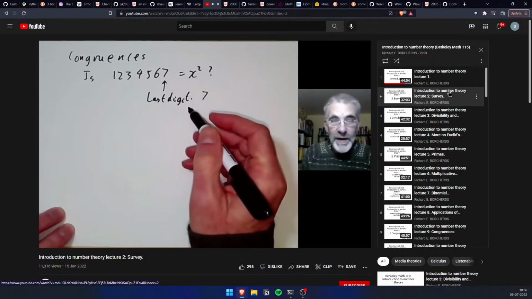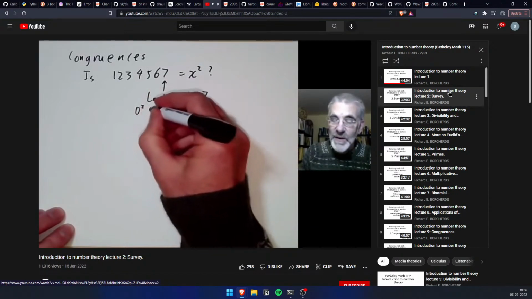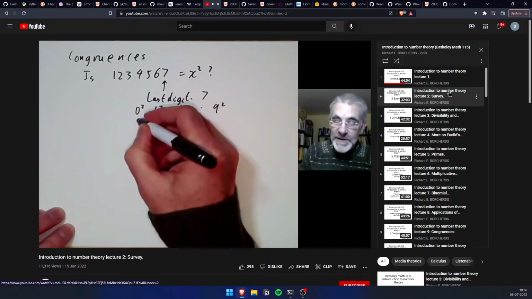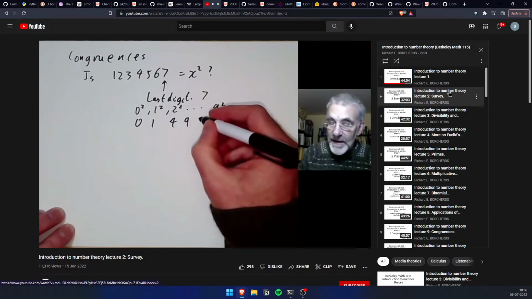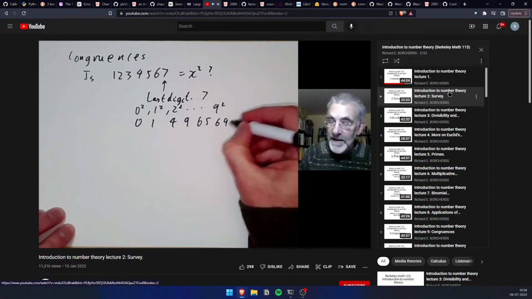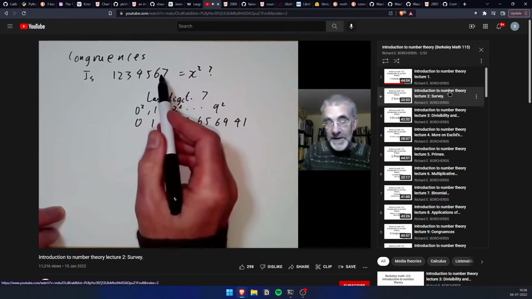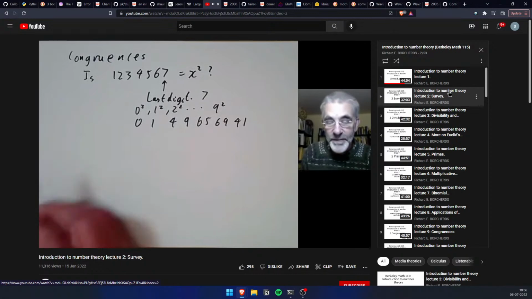If you've got a square number, then the last digit has to be the last digit of 0 squared, 1 squared, 2 squared, and so on, up to 9 squared, which is 0, 1, 4, 9, 6, 5, 6, 9, 4, 1. So the last digit has to be one of these numbers, and since 7 doesn't appear, we can immediately see without any real calculation that this number is not a square.